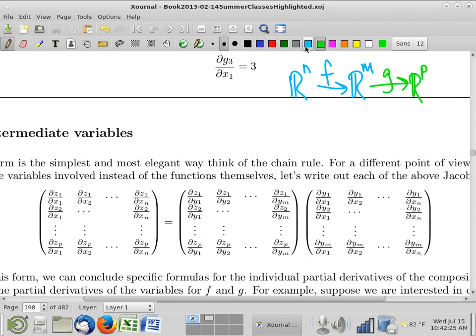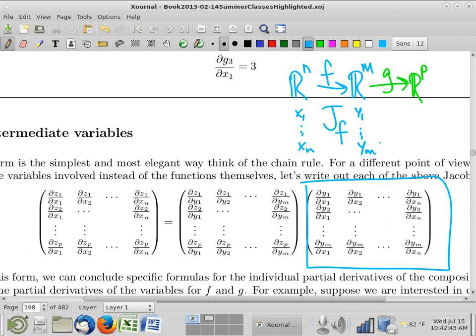The Jacobian of f is that matrix. It's the partial derivatives of y1 through ym with respect to x1 through xn. So let's take a moment and notice that all of this nasty here is just representing the Jacobian matrix. One Jacobian matrix.